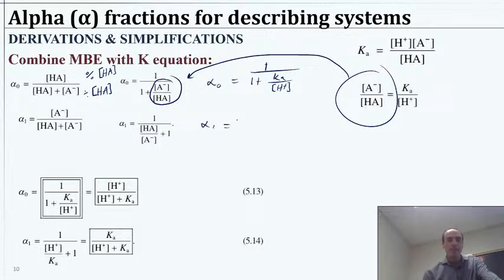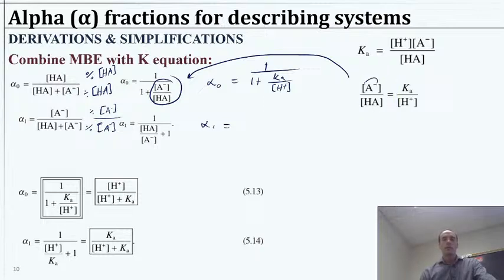Okay. Now we can do the same thing with the alpha 1 fraction, but we'll find that it feels a little different. We can do the same simplification, dividing both the top and the bottom by A minus. And now we have 1 over 1 plus, and this time it's HA divided by A minus. So in this case, we need to flip the script a little bit.